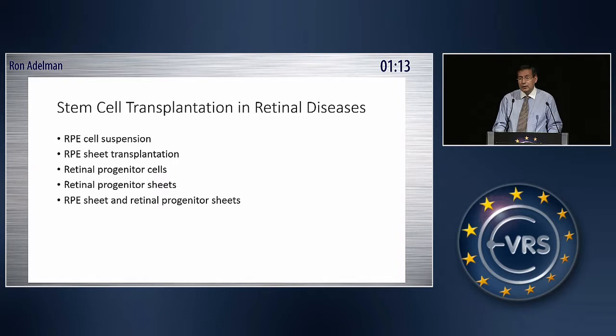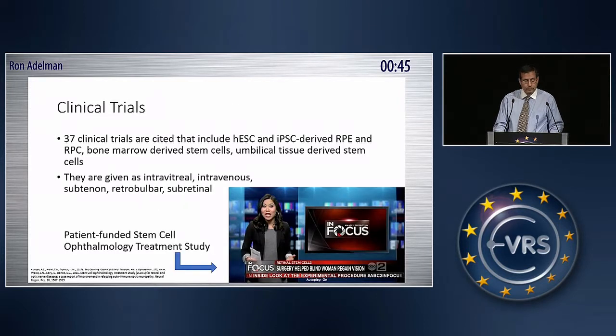Why? Because we need to have neuronal connection. We need to actually connect axons and dendrites in the retina. It's not enough to have some cells surviving, you need them to function. And a little bit more complicated is when RPE sheets and retinal progenitor sheets are transplanted in a sandwich. That will take a little bit of time until we get to a successful level 5 of this diagram.